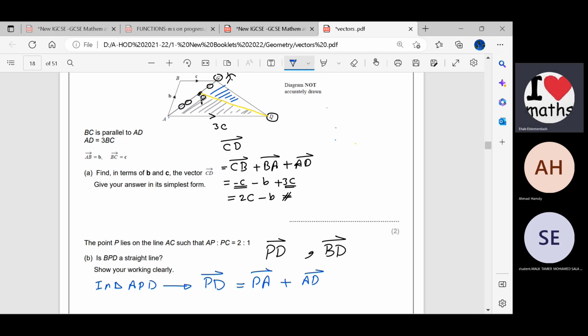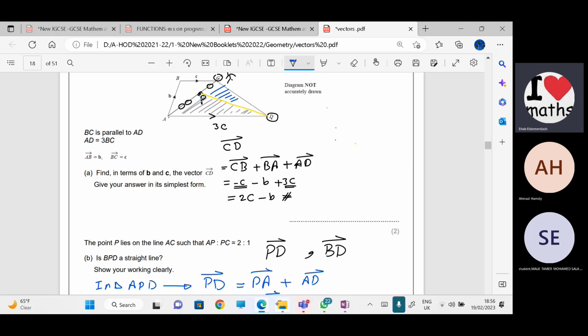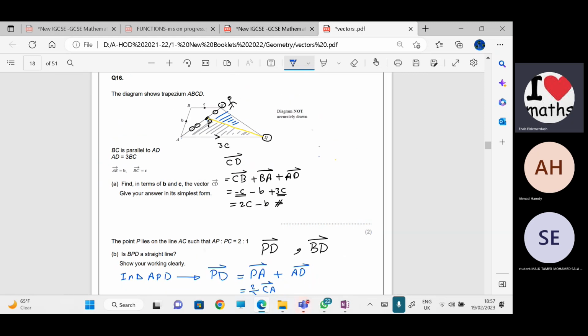But I can say that PA is equal to two thirds. Am I right? Isn't PA 2 parts of the 3 parts of CA? Am I right, Alaa? Is anyone with me? So I can express it as follows.